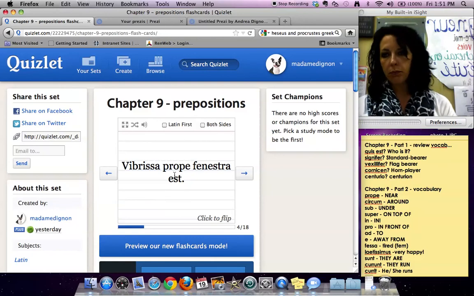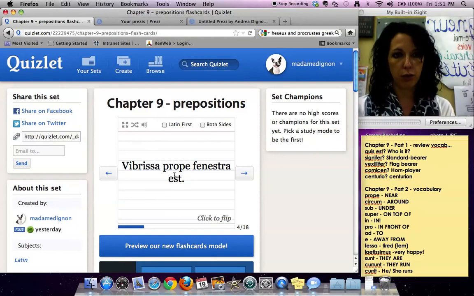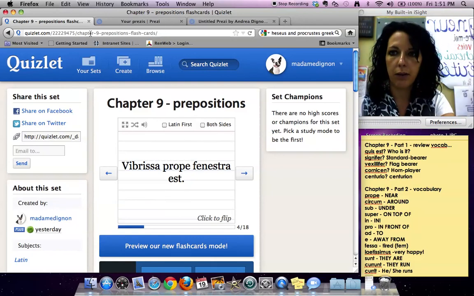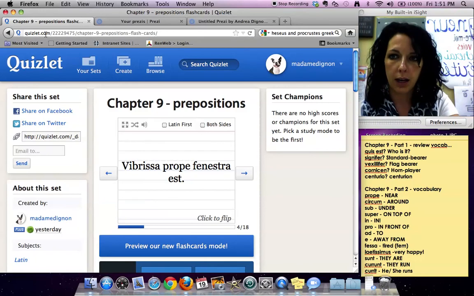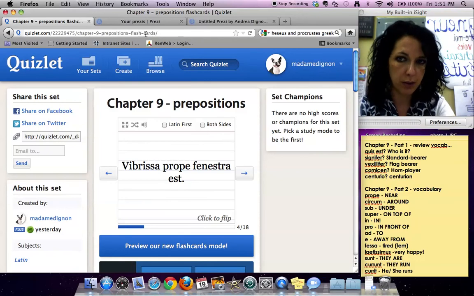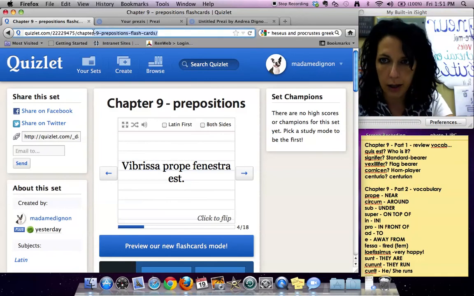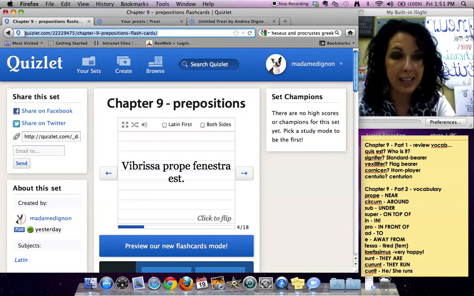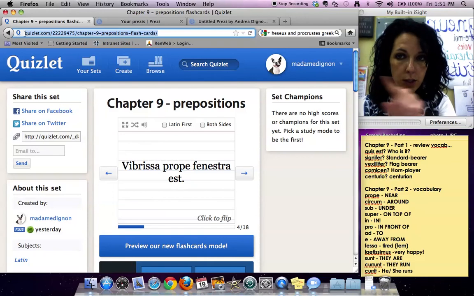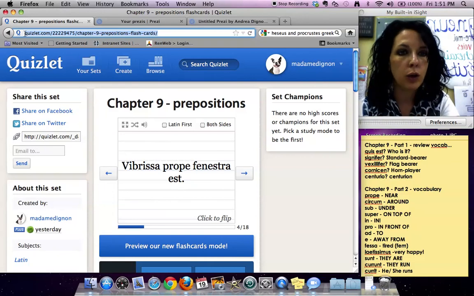All right. I'm going to give you an opportunity to go through this Quizlet. The Quizlet is right up here. If you type in Quizlet.com/22229475/Chapter 9 Prepositions flashcards, you can see it right here. It's highlighted right here. If you put that into your browser, into your address window, you'll go straight to it.